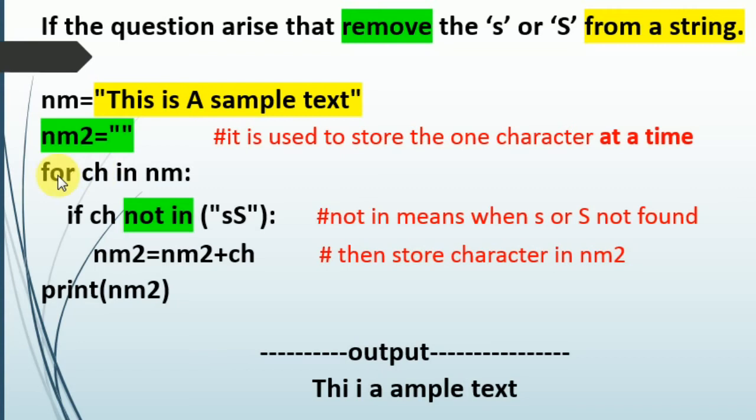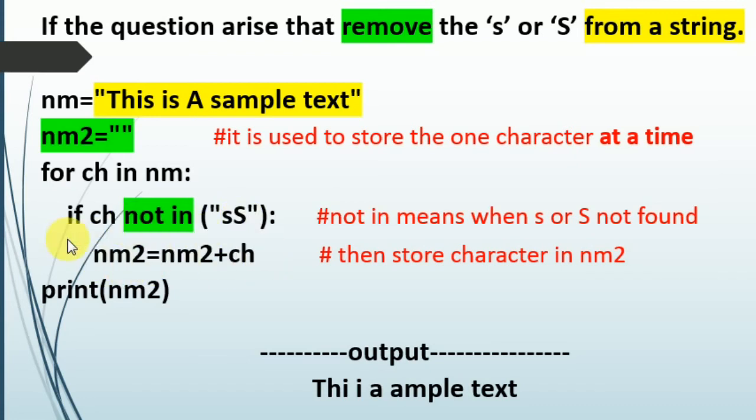For ch in nm, ch will store one character at a time, and we will check. And what is that condition? If ch not in "sS", it means except small s and capital S, all the other characters are going to be stored inside this nm2.